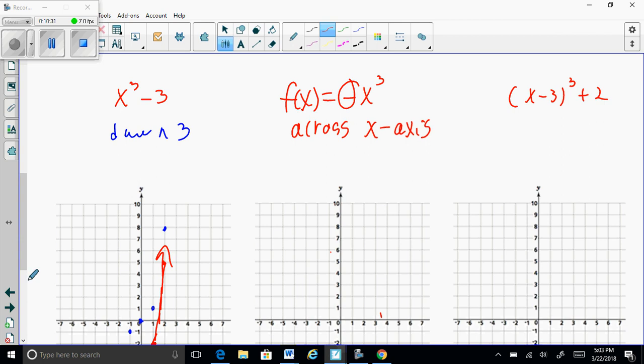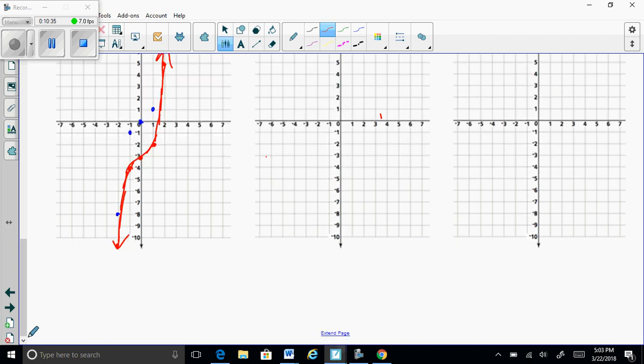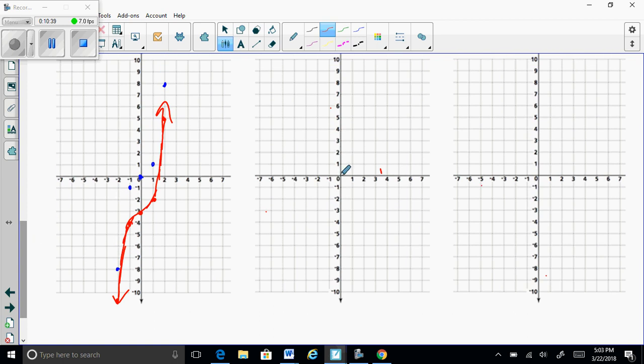All right, so let's go ahead and do that. So you don't have to do all 5 points like I did on the first one. If you just want to stick with the 3, that's fine. Just realize that it's curved, just don't forget about that. So sometimes putting the 2 and the 8 and the -2 and the -8 kind of reminds you of what it looks like. So it's kind of up to you.